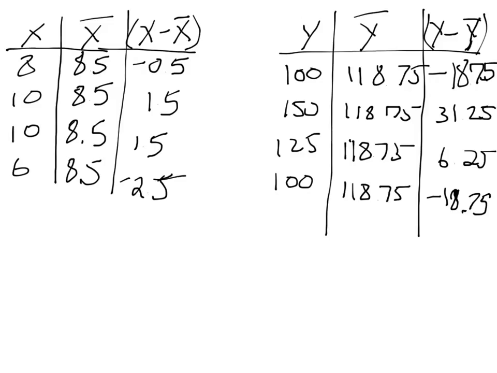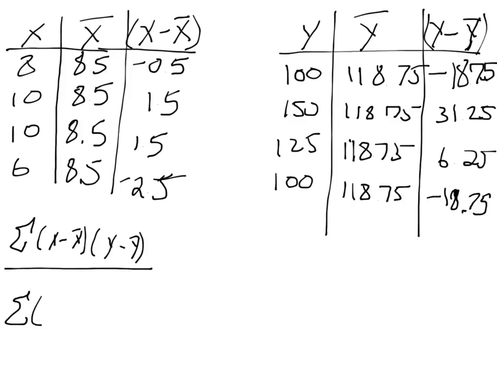So the top part of this is going to be the sum of x minus x bar multiplied by y minus the average of the y's. The bottom part is going to be x minus x bar squared.